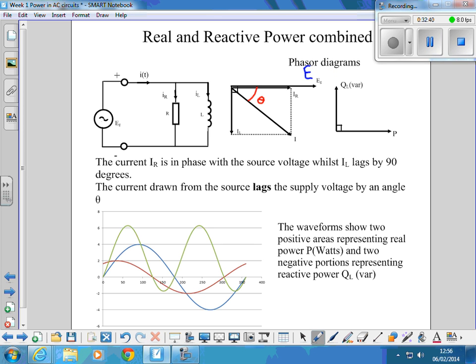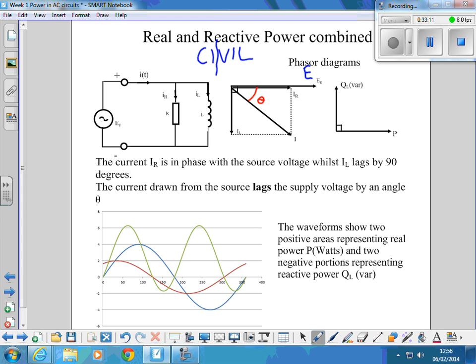There's E, and I've just moved it down a little bit so you can see the second arrow, but that one there is representing the resistive current that is in phase with the supply voltage. Here, if we use the word CIVIL, and we're looking at that side, the inductive current lags the voltage by 90 degrees.